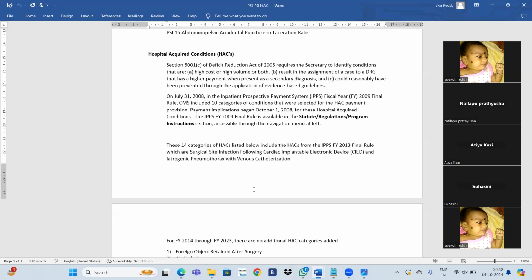POA? N. Because those conditions also developed during the hospitalization only, no? POA was N. For PSI and HAC conditions you will give N. Clear? You need to add the N indicator compulsorily for POA.